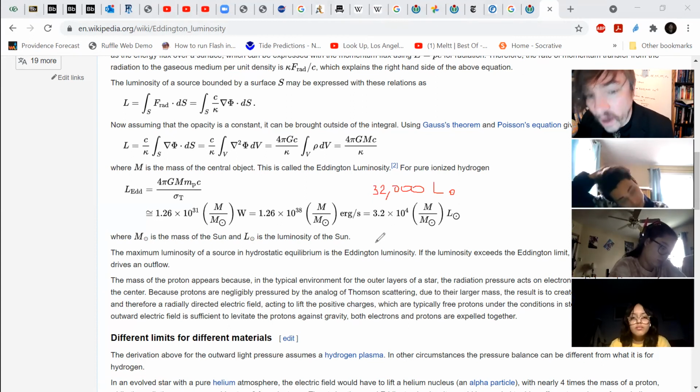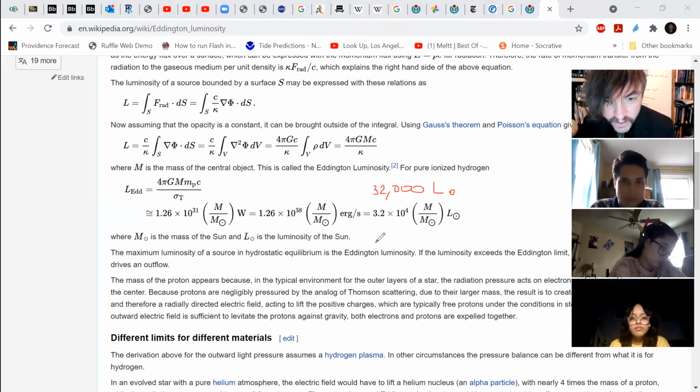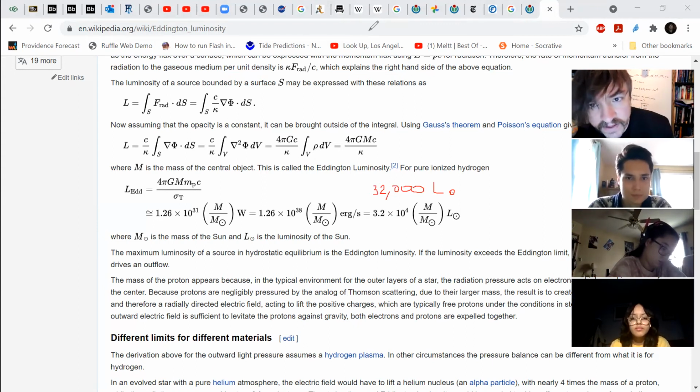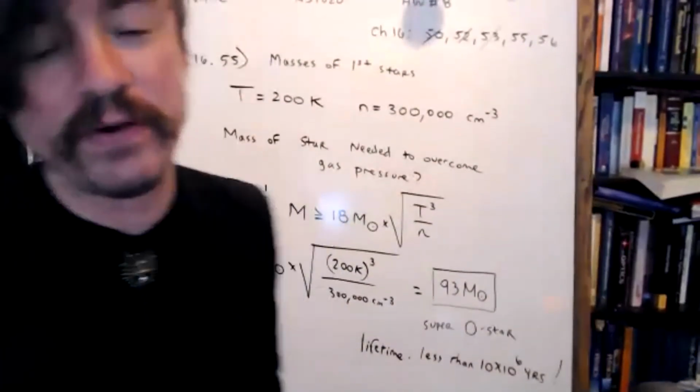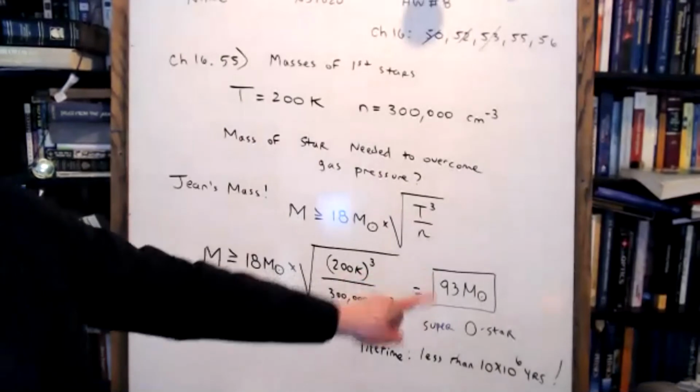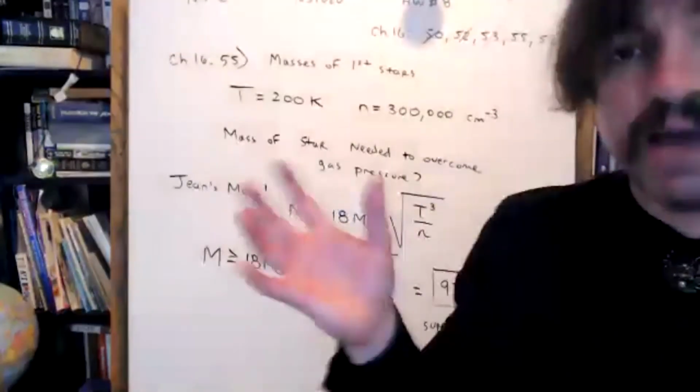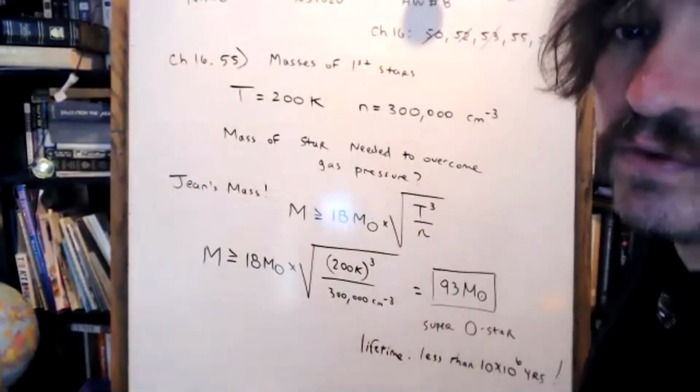For a mass of 100 solar masses, you would need 3 million solar luminosities. Considering that an O star is already at 1 million solar luminosities, an O star is dangerously close, 33% away from blowing itself apart. So its lifetime would be really short because it would crunch through its fuel fast.